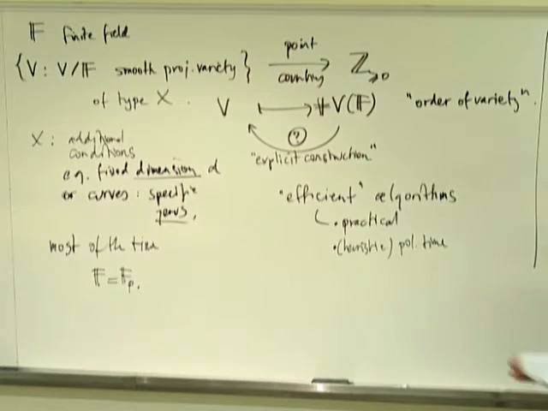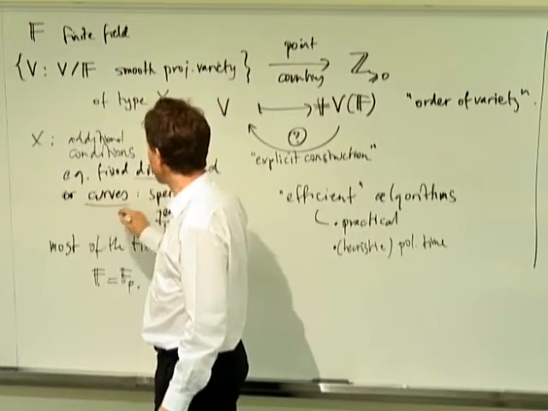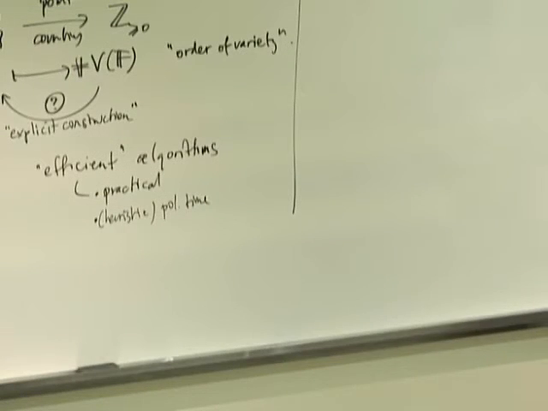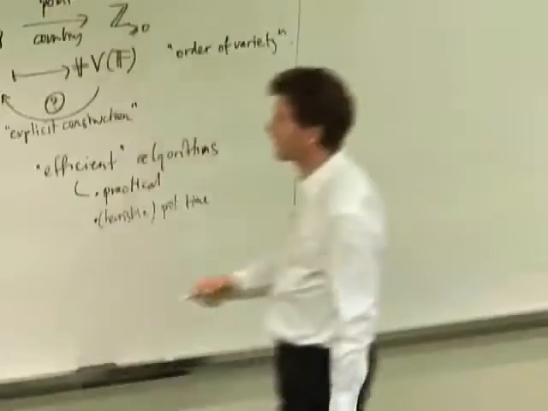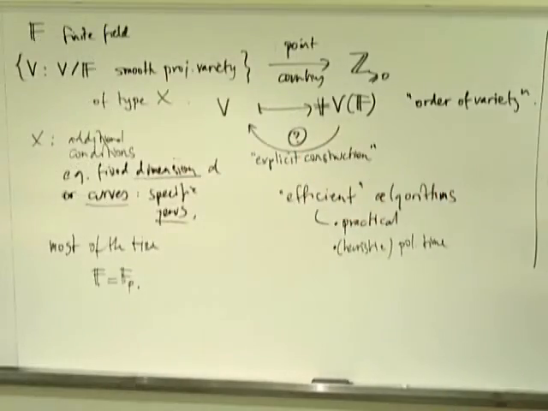Okay, so let's look at our problem. In the case of curves, you can specify the complexity of a smooth projective curve by saying what the genus is going to be. The genus is a non-negative integer. For genus 0, you're looking at conics, and for conics there isn't much going on. They tend to have p plus 1 points, just looking like P^1, if they have points at all.